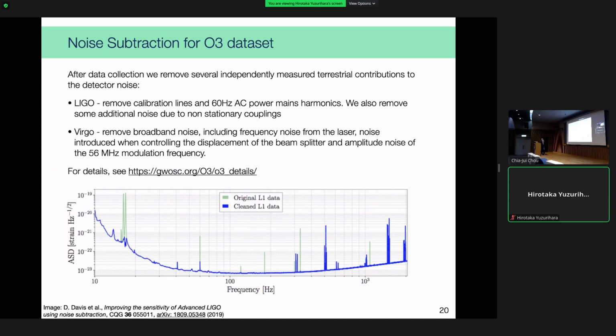In the case of Virgo, they removed broadband noise, including frequency noise from the laser introduced when controlling the displacement of the beam splitter, and the amplitude noise of the 56 MHz modulation frequency. The bottom one is an example before and after noise subtraction, where you can see the effect on line noise.